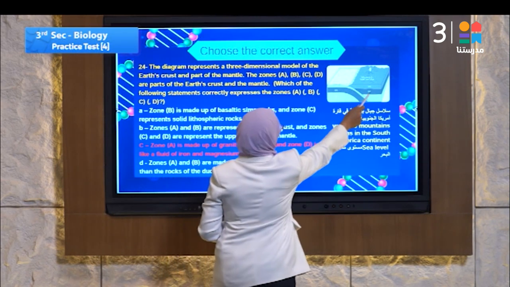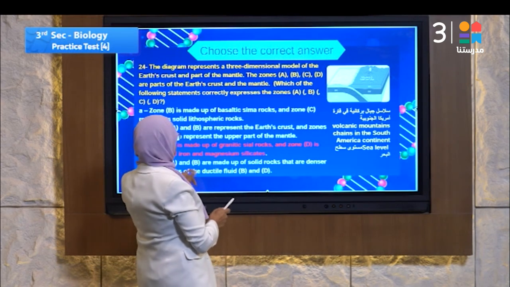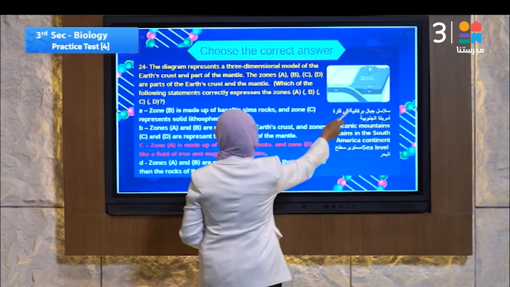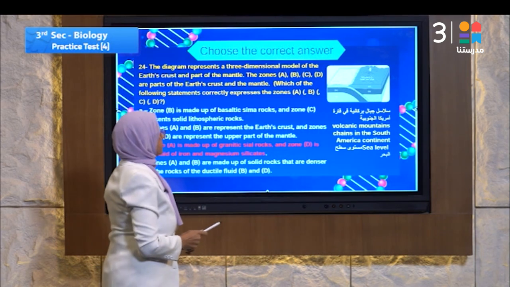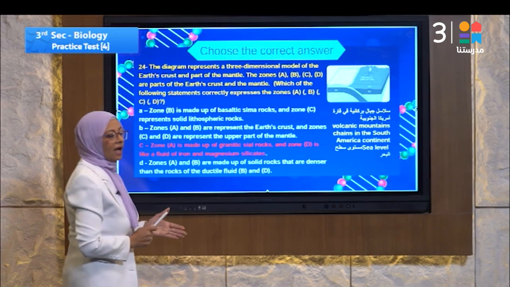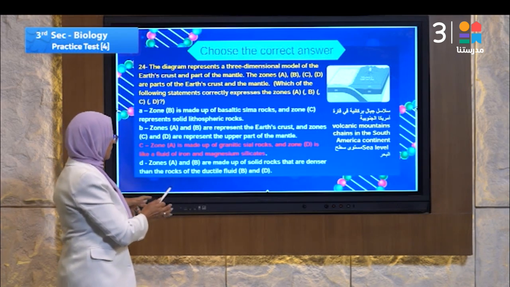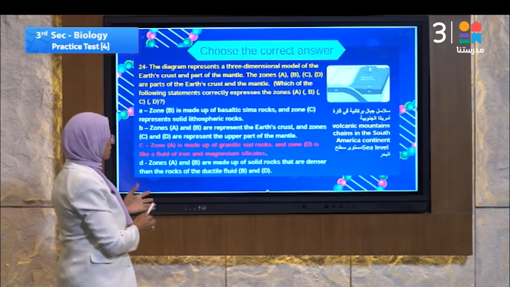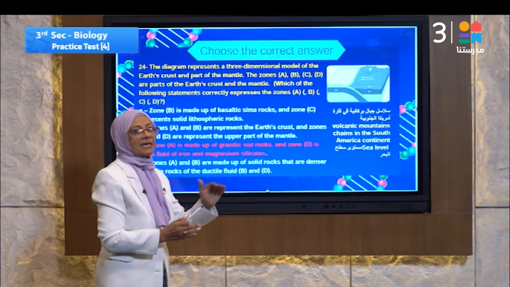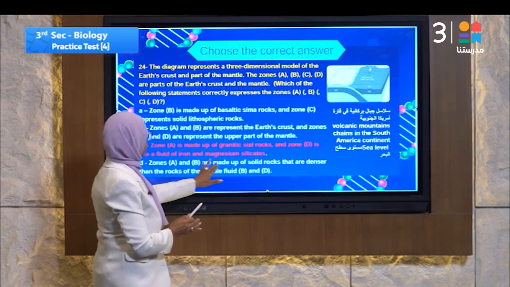Zone A is granitic sial rocks, and zone D is fluid iron magnesium silicate. Yes, that's number D. That's the answer. The answer is C. I prefer this information about these rocks because they have many layers. One of them is the right one.